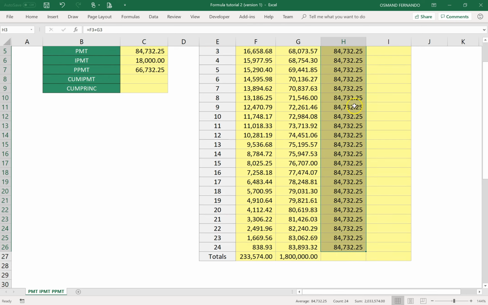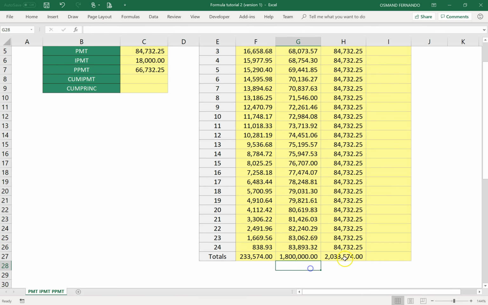Now you see the total payable, or the total payment after 24 months, will be 2 million, this one, and the total capital and the interest amount.